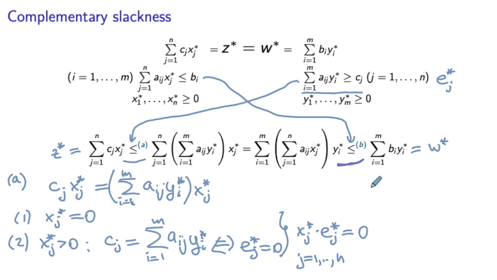Now, if we do similar analysis for the case B, here we also must have the equality, right? And this case is going to be symmetric to the case A, because we know that the dual of the dual is primal, right? So the analysis will be pretty much the same.